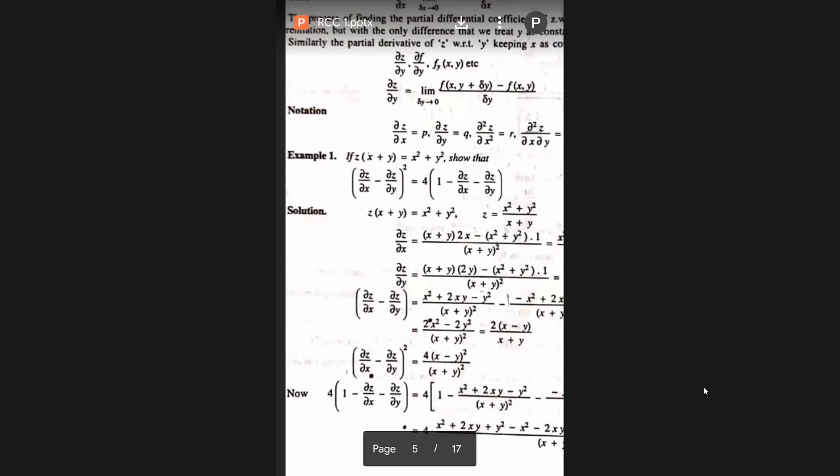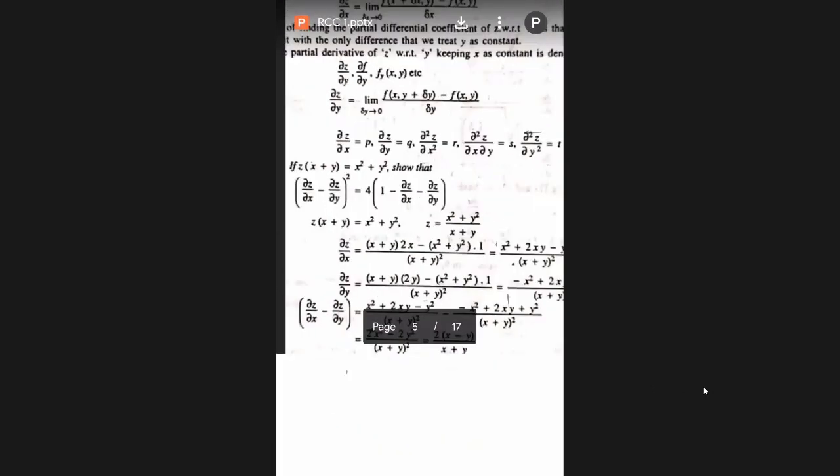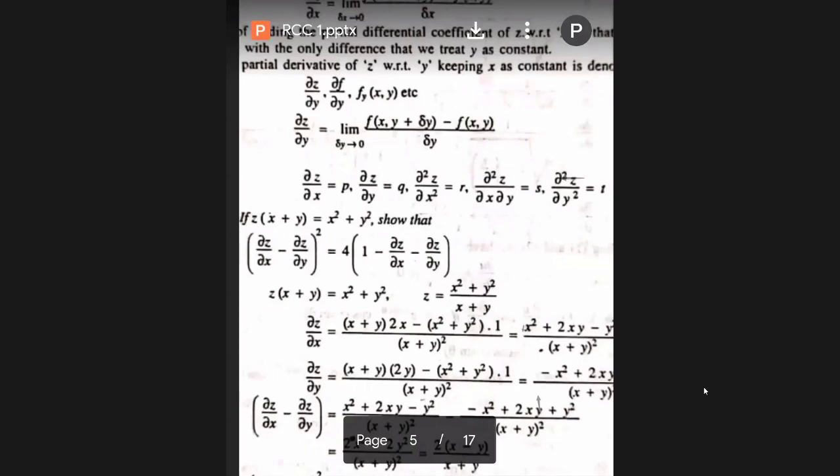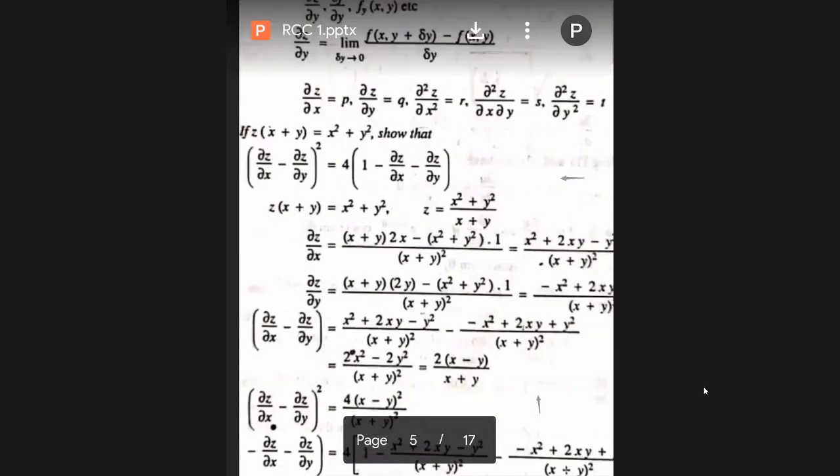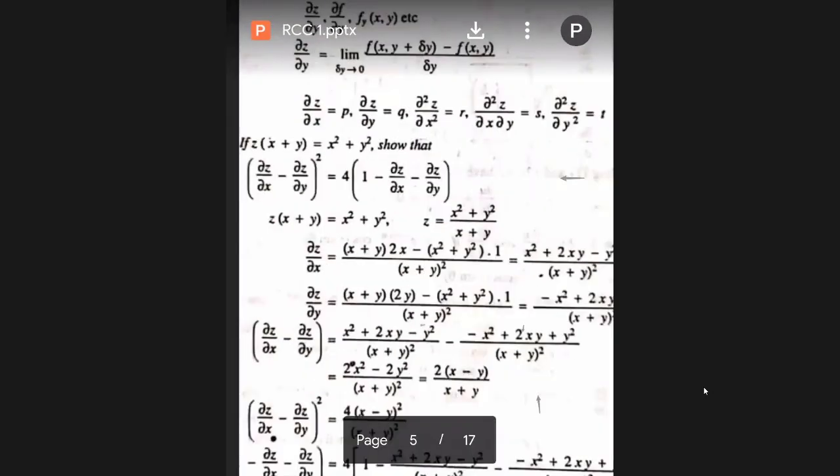So by the u by v method: v into del u del x minus u into del v del x divided by v square. That is the differentiation formula, and that is equal to this result. And del z del y, similarly, by the u by v method, you will get this expression.